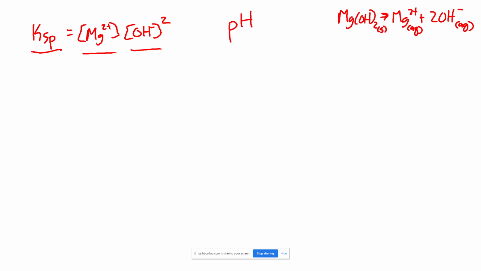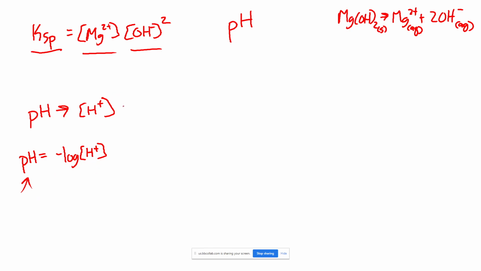But if you remember from chapter 14, I believe it was, if we have the pH, we can use that to get H+, because we know the pH is equal to the negative log of the H+ concentration. So if we have the pH, we can plug that in here and we can solve for H+.